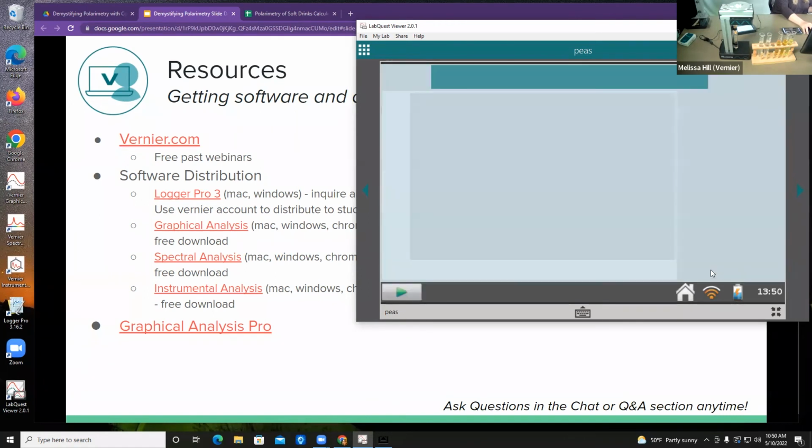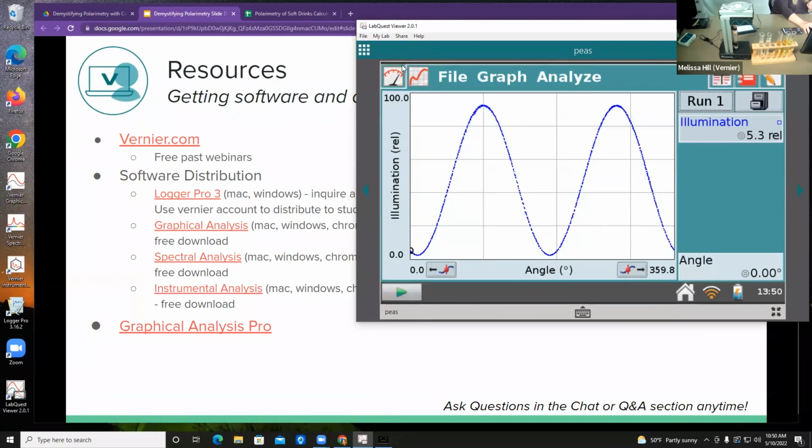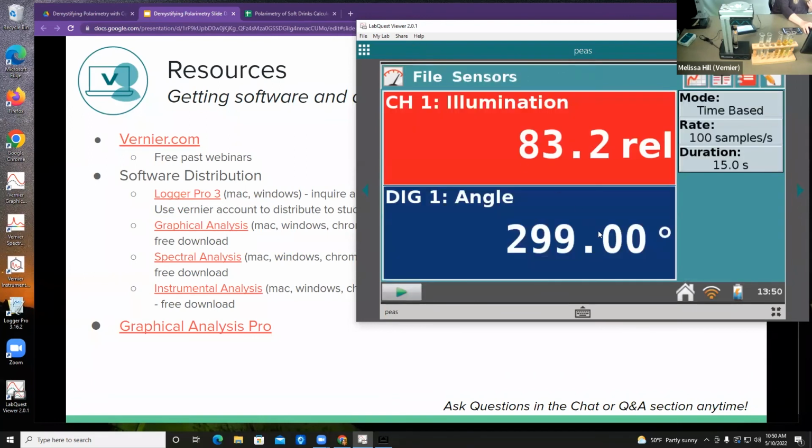Alternatively, I could zero out the sensor. A lot of people don't know about this, but I can manually go through and I'm looking at that illumination value and I want to find its maximum or its minimum. You could do either one. I prefer maximum, but however you want to set it up. We'll do the minimum since I'm around here.